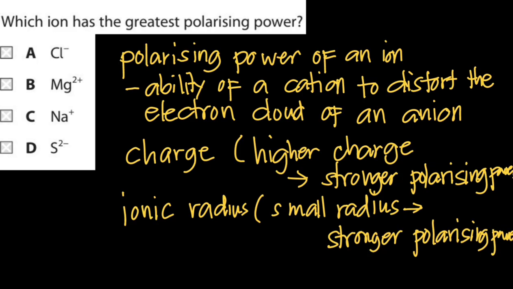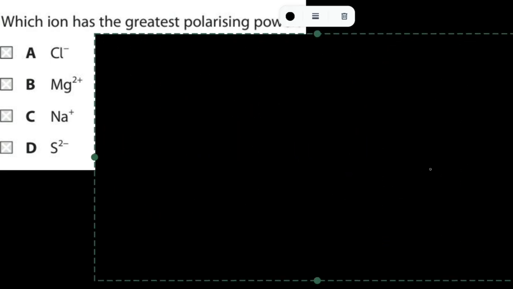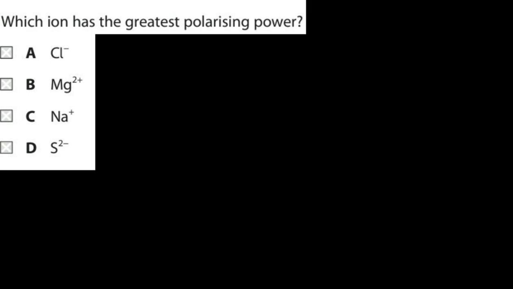Now let's take a look at the choices here, or the ions here, and dissect them one by one or compare them. Let's start with chloride. Chloride is a negatively charged ion, an anion, and it has a large radius.